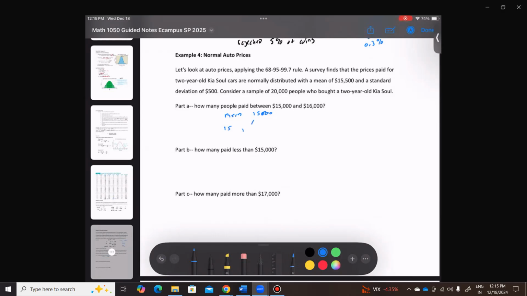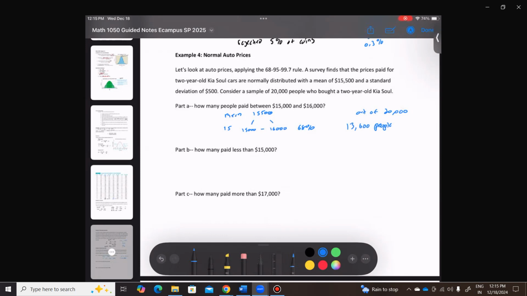So 15,000 to 16,000 would be 68% of the people, which of 20,000 would be 13,600 people. How many paid less than 15,000?